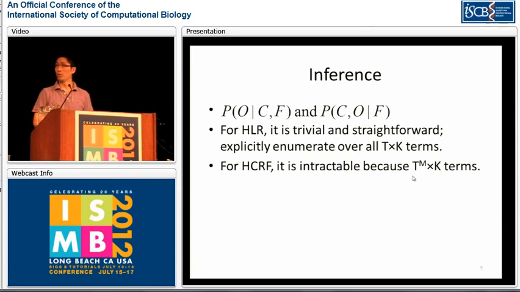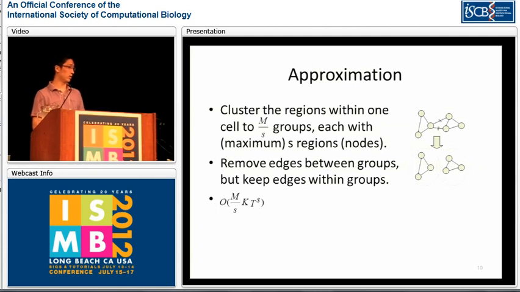To overcome this problem, we will use some approximations in the structure of the model. Our goal is to decrease the tree-width of the fully connected graph to a smaller number, and to achieve this, we cluster the regions of each cell into some groups, with a small number of regions in each group.